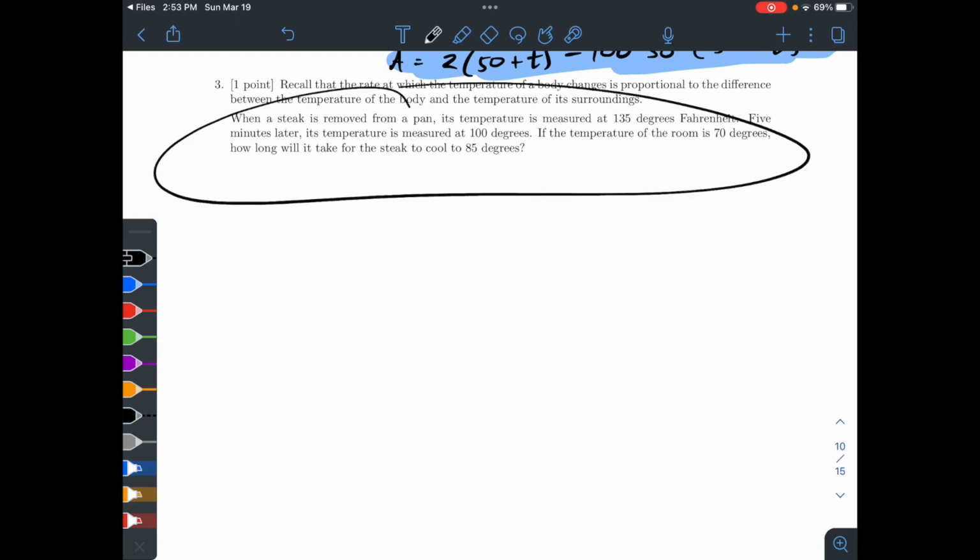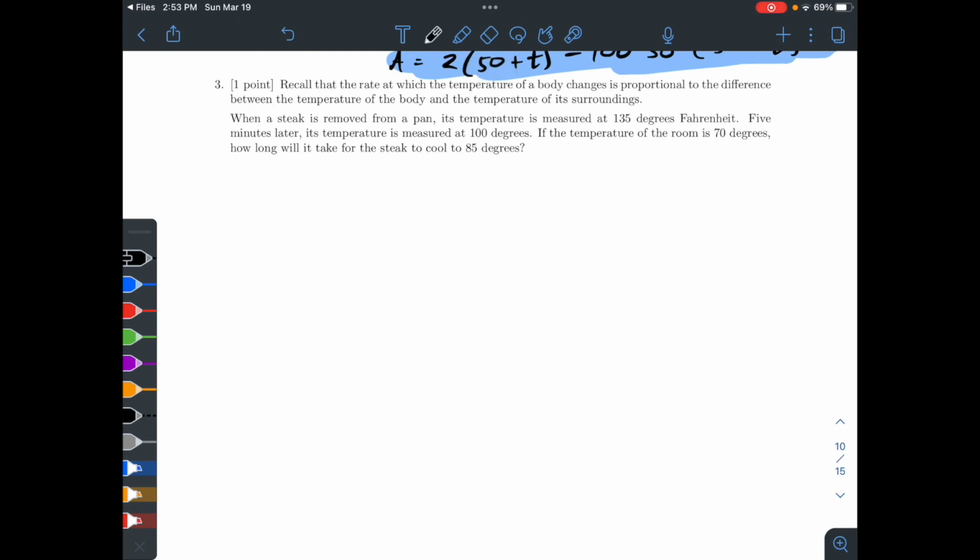Because this as written is technically a Calc 1 problem. I literally give this problem in my Calc 1 class. So I'm more interested in your ability to do the differential equations part of this problem, right? So that's why I would phrase it the way it was on the quiz.